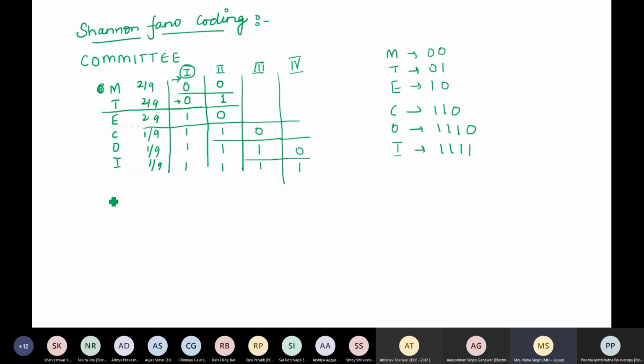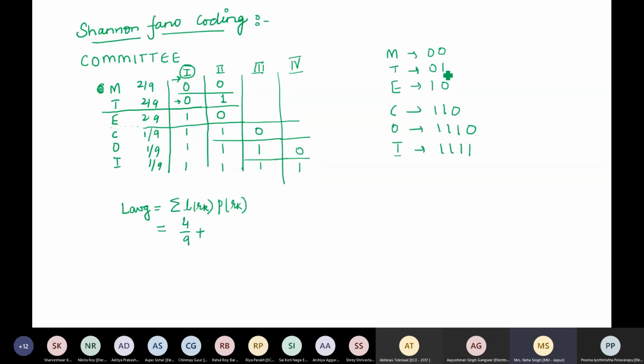Again, to check the efficiency of the coding, we need to calculate the average length. Average length will be calculated by the length of every symbol multiplied by its probability and taking the sum. So what will be the L average for this question? The symbol M has two bits with the probability 2 by 9. So the first value will be 4 by 9.